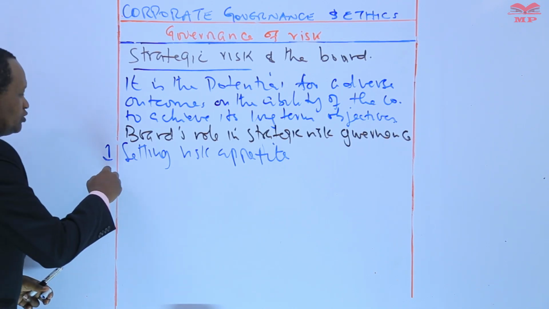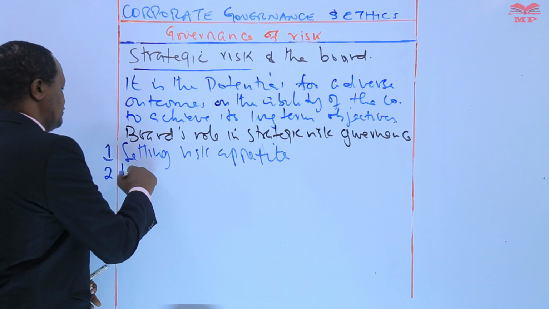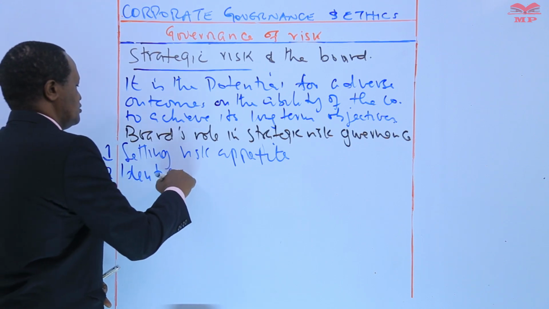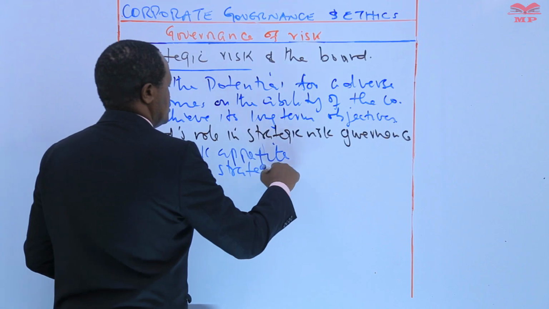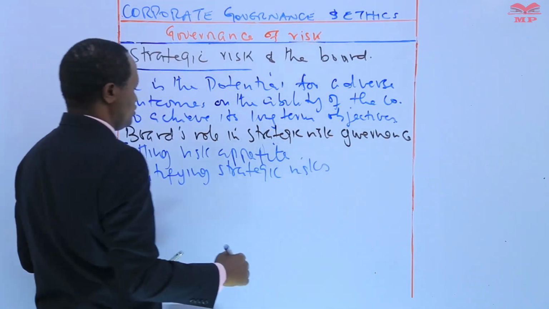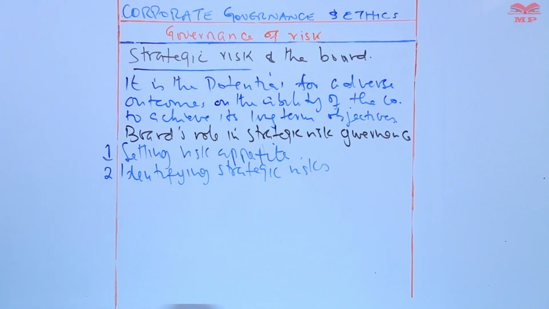The second role is identifying strategic risks. It is the role of the board to identify strategic risks.